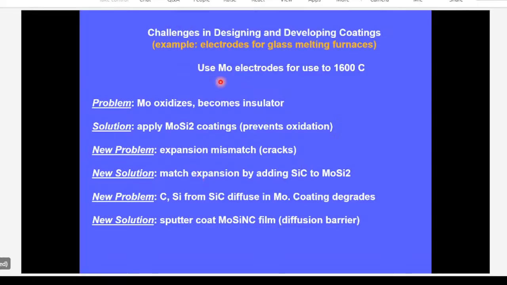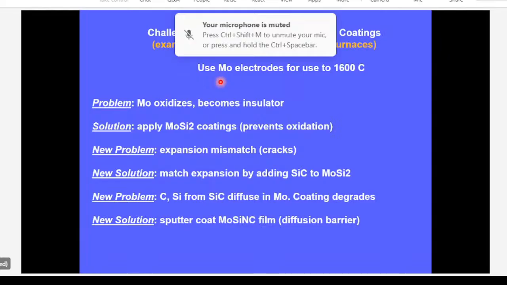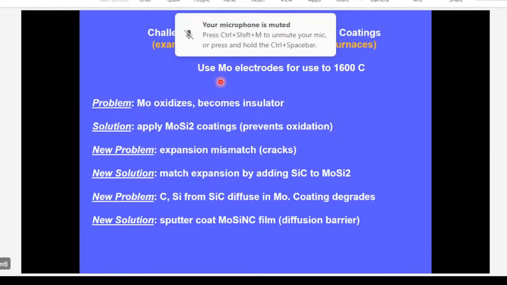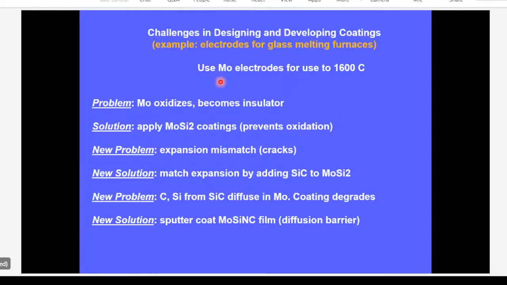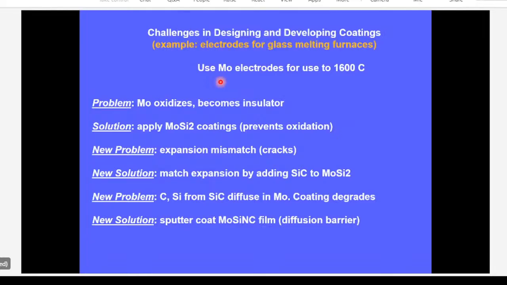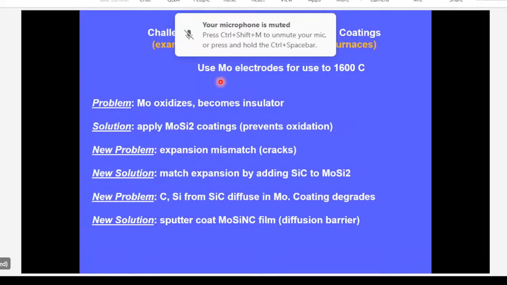Molybdenum is a refractory metal, high temperature metal, and it is used as electrodes in many types of furnaces, including in glass melting furnaces. And these electrodes are used to about 6 become an insulator. It cannot serve as an electrode.